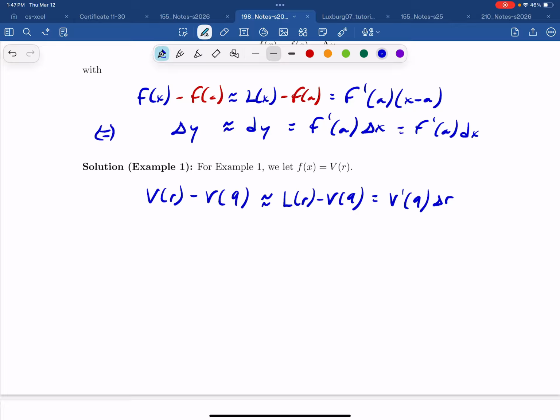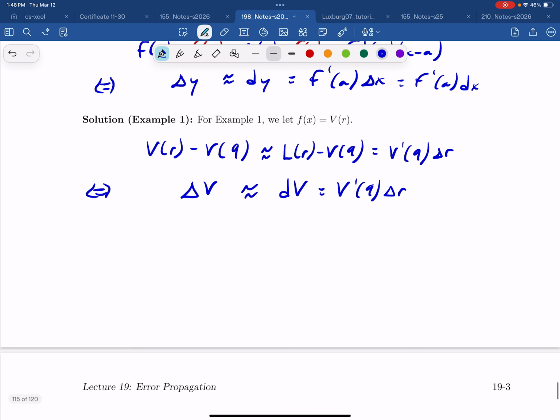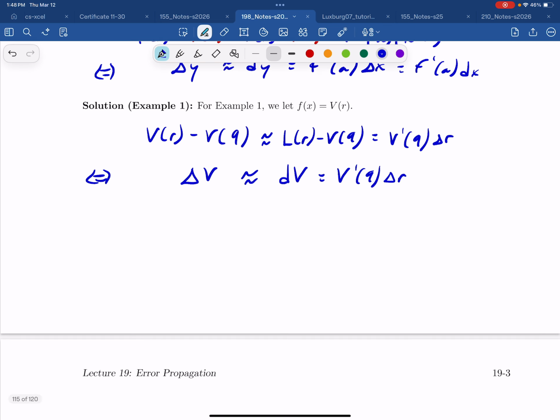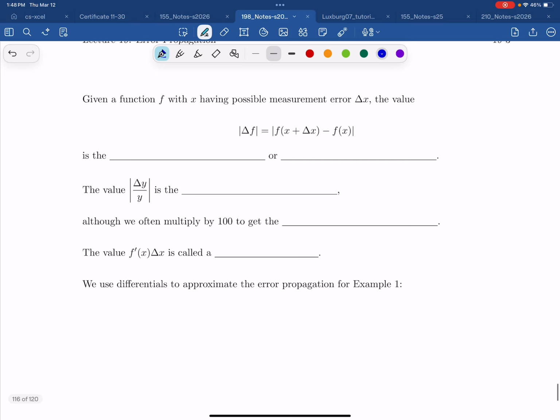Okay? But let's use our differentials notation, because this is just so much nicer. Delta V approximately equals dV, which equals V prime of 9 delta r. Okay? And we're going to solve that in a sec.